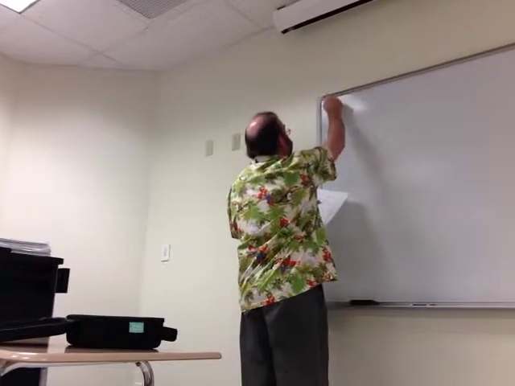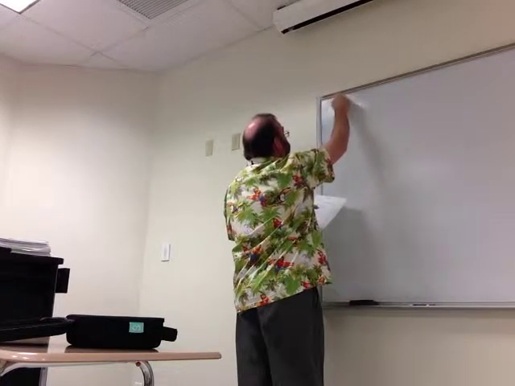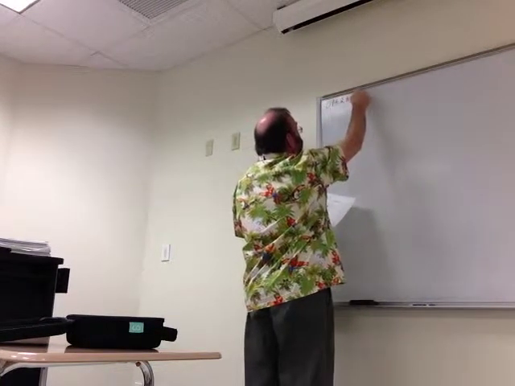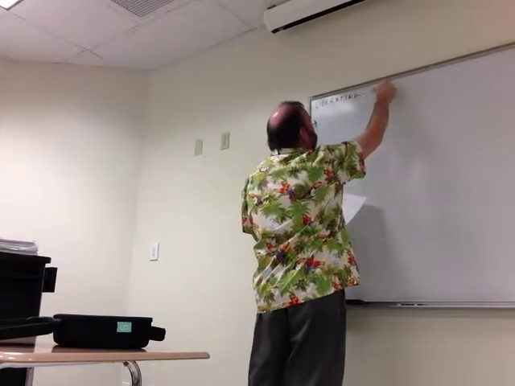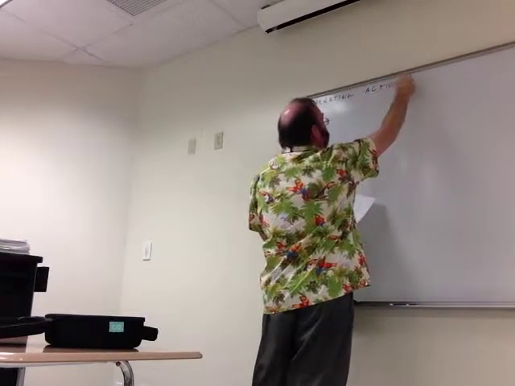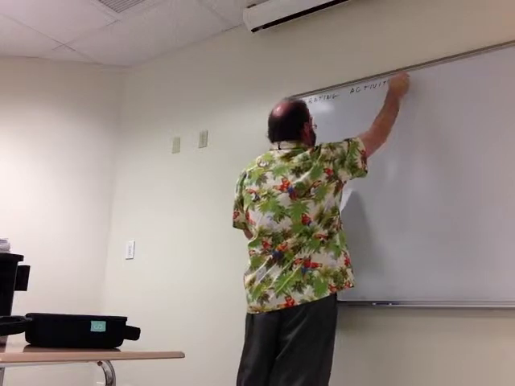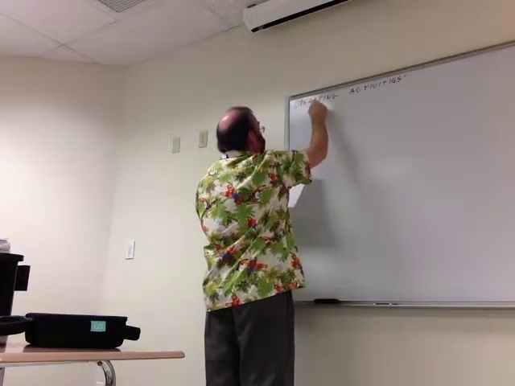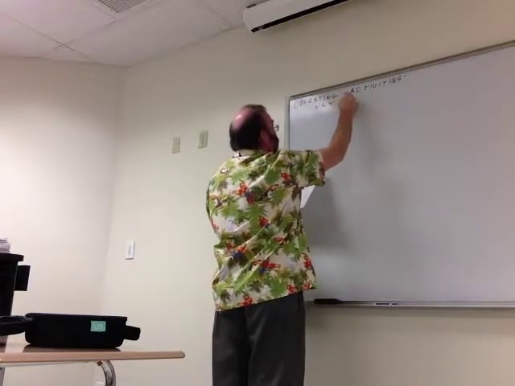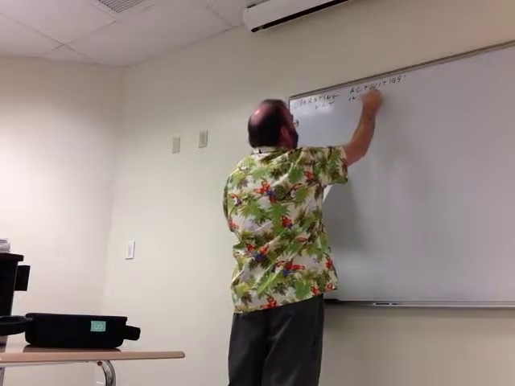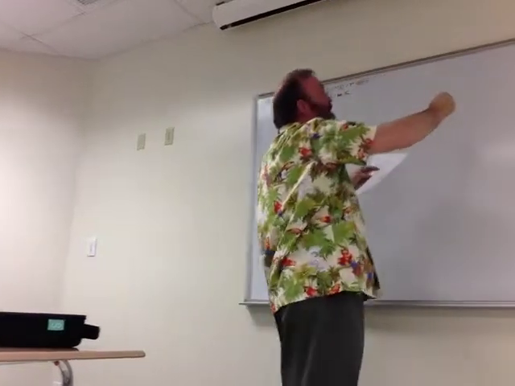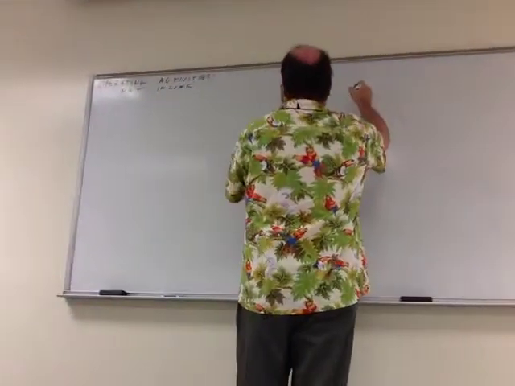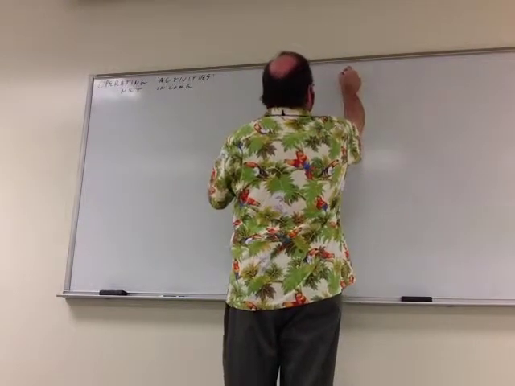So indirect method, we start with operating activities. Net income. And in this case, it was 4,800.